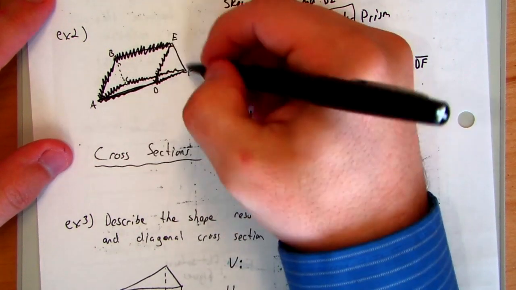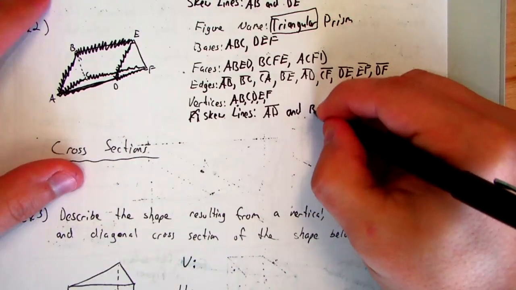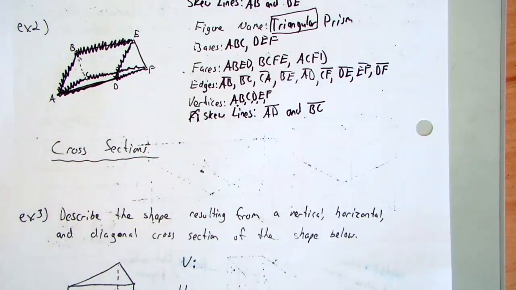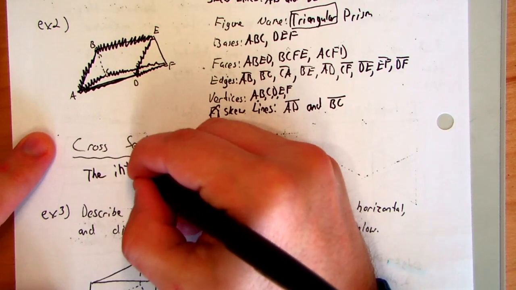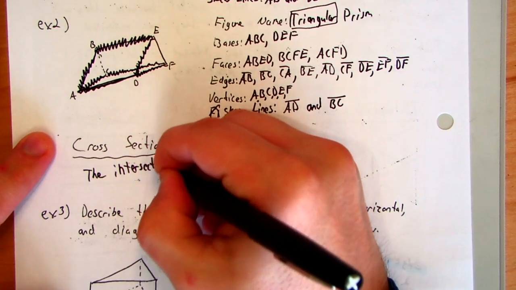Now, last but not least, we're going to deal with cross sections. Now, a cross section, this is going to be the intersection of a solid and a plane.